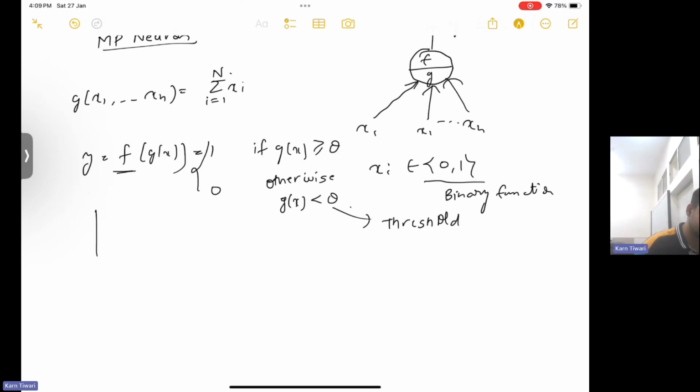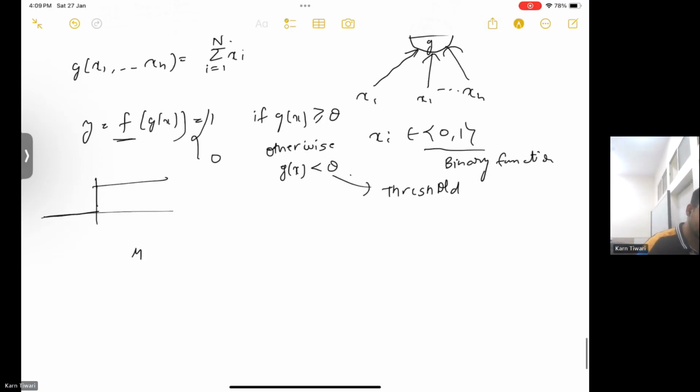The normal step function, you know, y of x is simply 1 if x is greater than or equal to 0, and 0 if x is less than 0. When you shift it by theta, that is what this f function is.